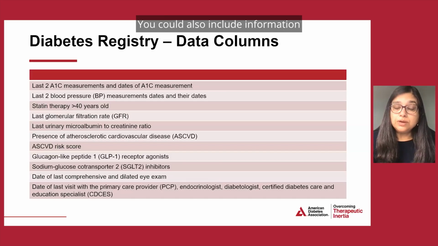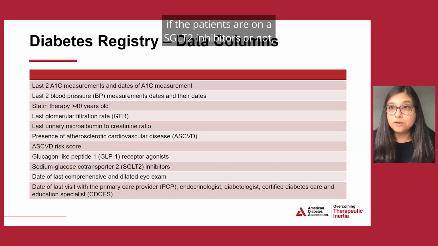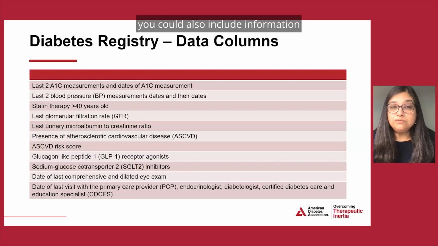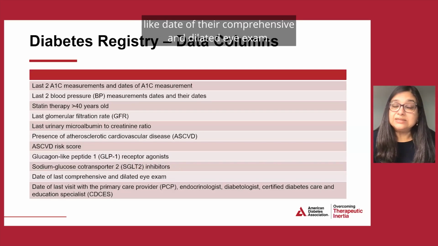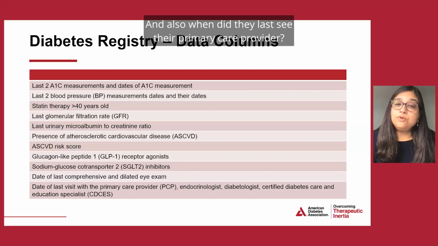You could also include information like if the patients are on a GLP-1 receptor agonist, if the patients are on SGLT2 inhibitors or not. You could also include the date of their comprehensive dilated eye exam. And also, when did they last see their primary care provider?